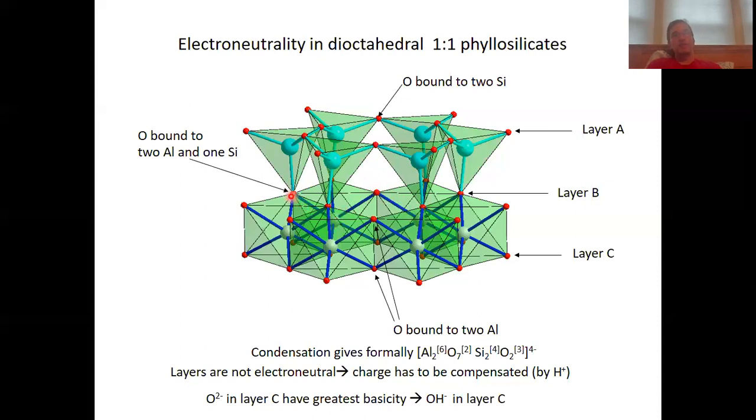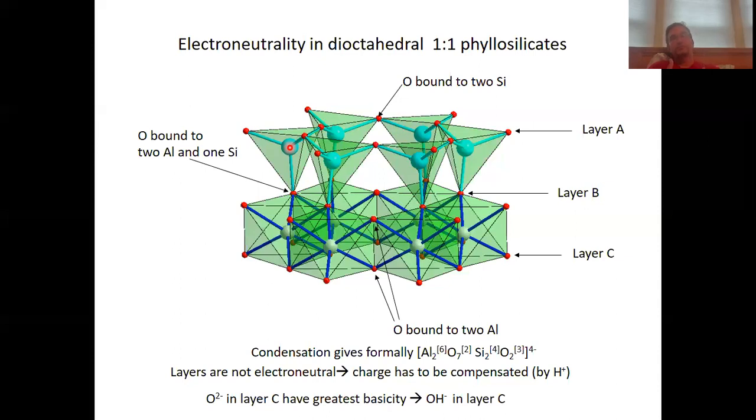But now we have in addition these ones here, which are bound to 2 aluminums and in addition to that also to a silicon. So they actually have the coordination number 3. This means that they have formally a positive charge.